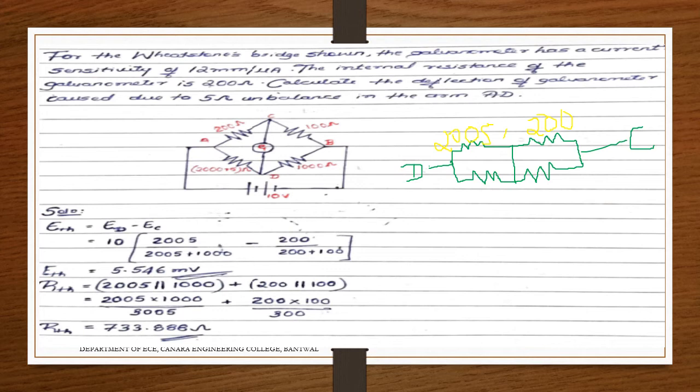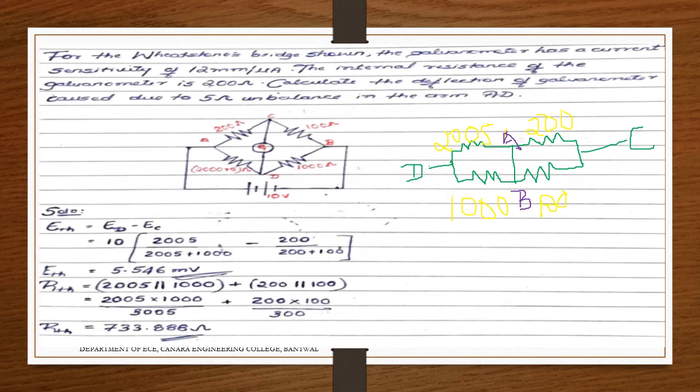And next, after C, which is the 100, and this is 1000. So this is A and this is B because it is shorted. The voltage source will always be shorted between A and B, and D and C is open circuit because it is the current source.